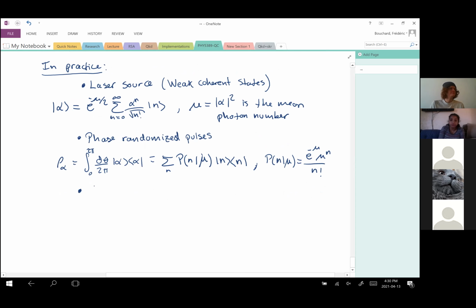Another one, which is quite useful, is a source of entangled photons. There was a whole lecture about this last time, using SPDC. So the state looks something like that.